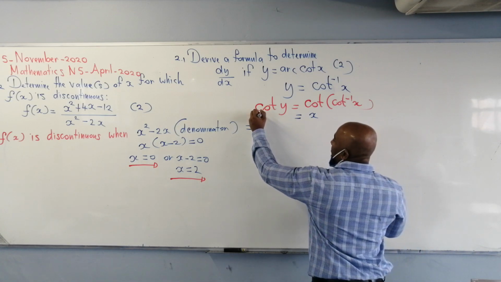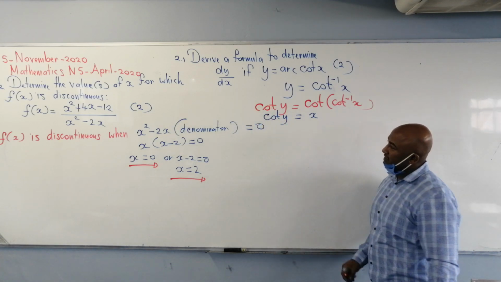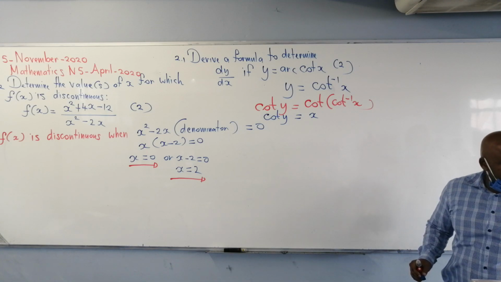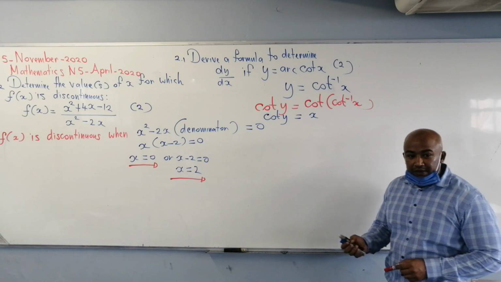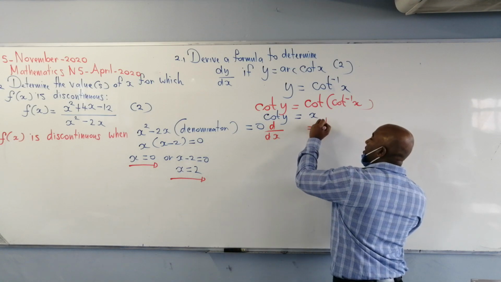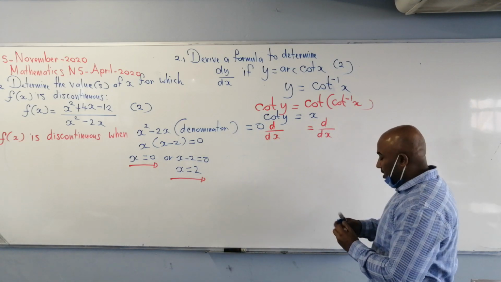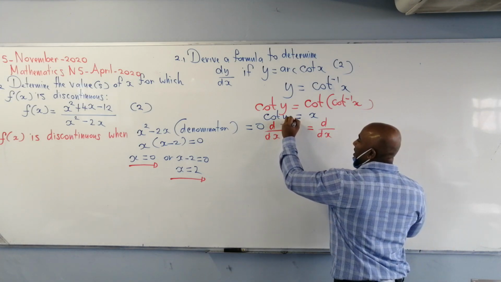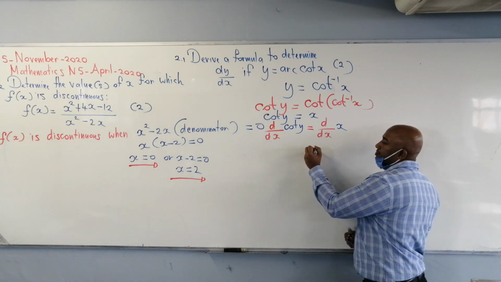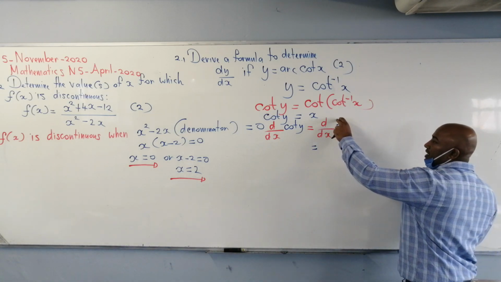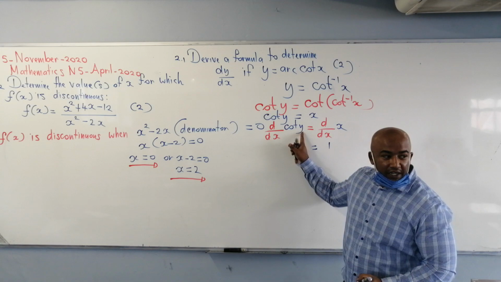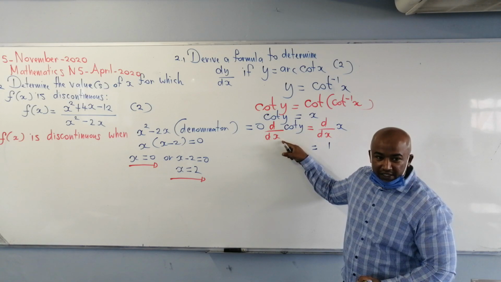So on the left hand side I have cot y. Now there's no more inverse, I just have cot y is equal to x. So now I can differentiate both sides. So d over dx of the left hand side, d over dx of the right hand side. This is the derivative of x, which is 1, and the derivative of cot y, but with respect to x now.